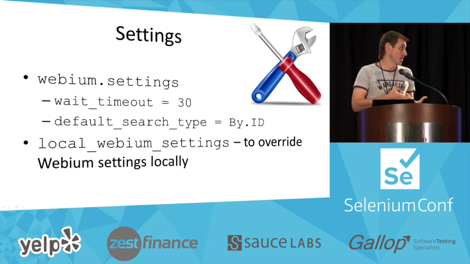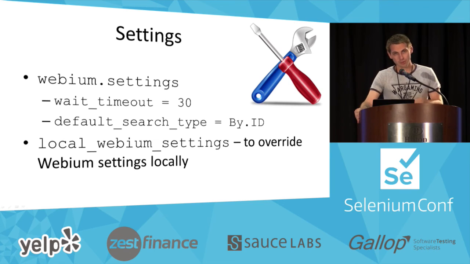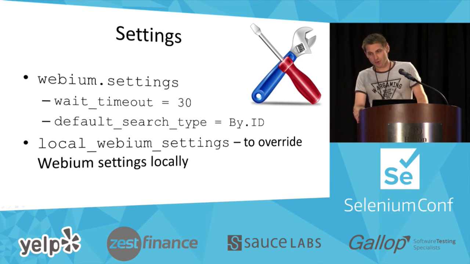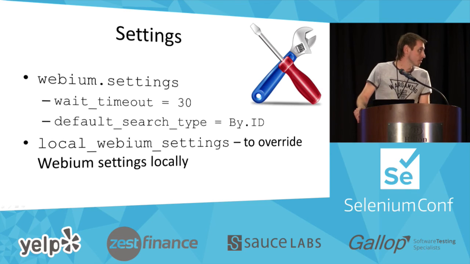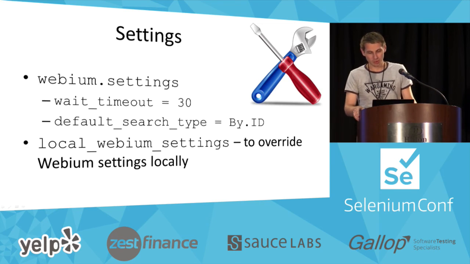You set this parameter, and you don't have to pass the search strategy into find calls, basically. So for debug purposes, all settings can be overridden by adding a local Webium settings module. It's a common way in the Python stack.